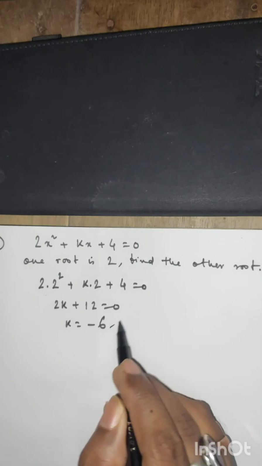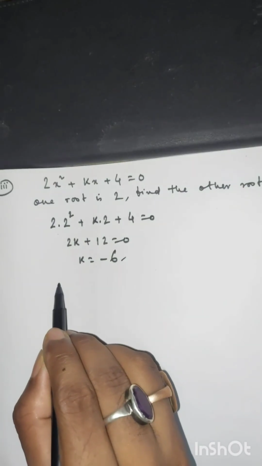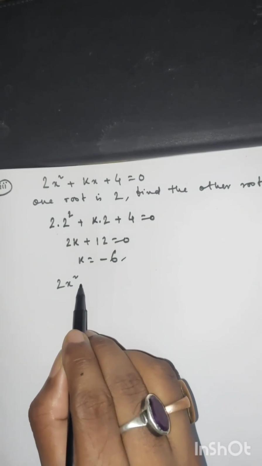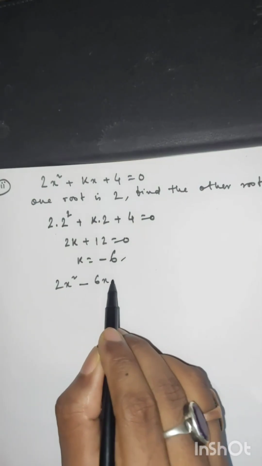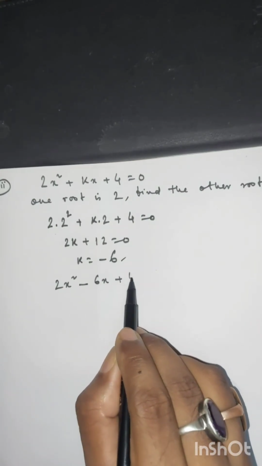So k is 6. Now if we write the equation, k is minus 6, so minus 6x plus 4 equal to 0.